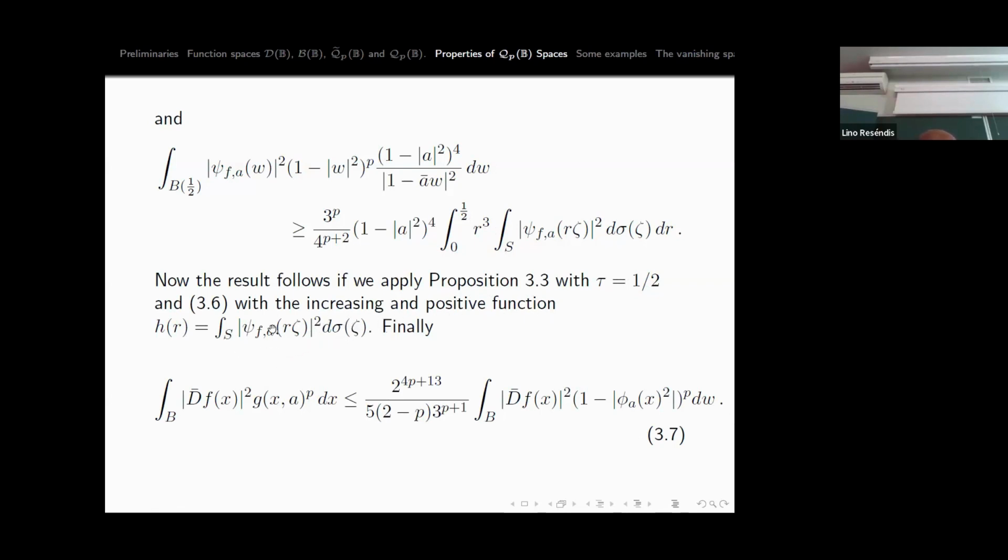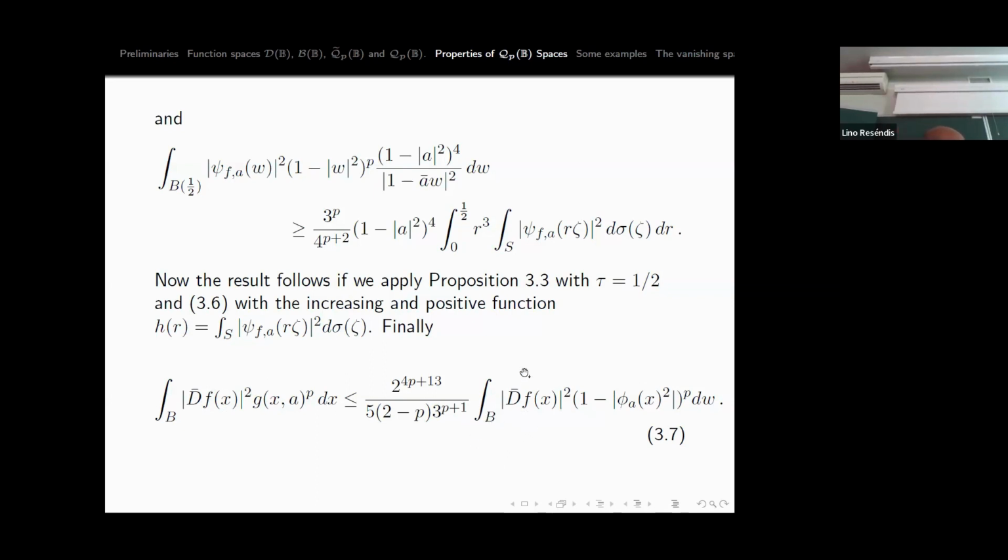Recall that this function is subharmonic. By this reason, the definition of this function now gives us that it's an increasing positive function. Then it's possible to apply our previous result, and we can estimate this integral in the full complete unit ball, and this integral also in the complete unit ball.